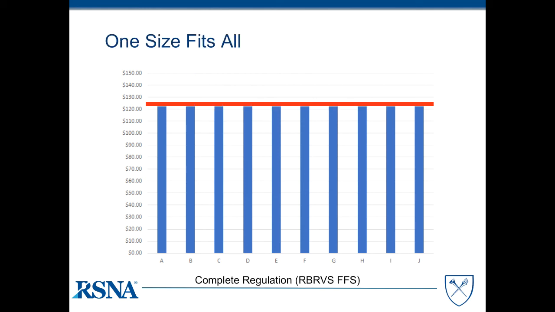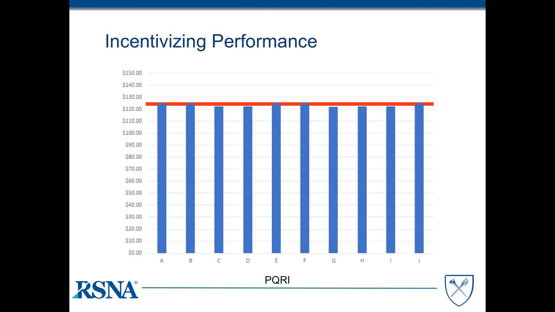At the other extreme, under pure RBRVS, everybody gets paid the same, whether their outcomes are better or worse, their services to the patients are better or worse, or whether they are appropriately judicious in their patient selection in performing procedures.